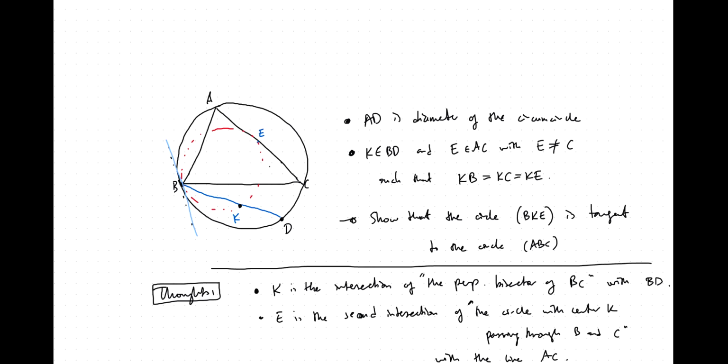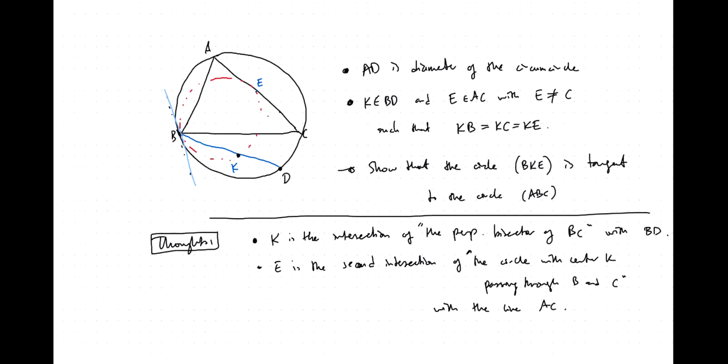If you want to do angle chasing with this line, I should look at the angle between this line and one of these two, BK or BE. So there seem to be two possibilities.